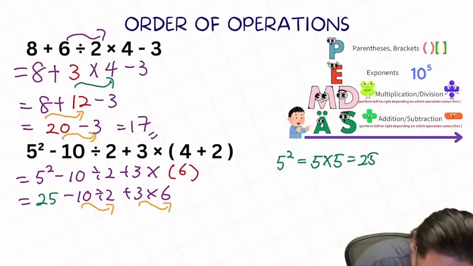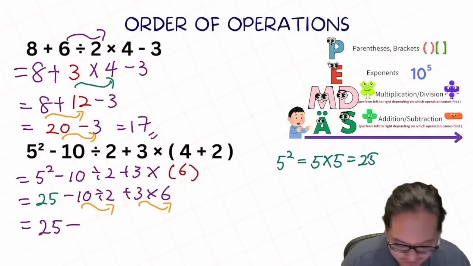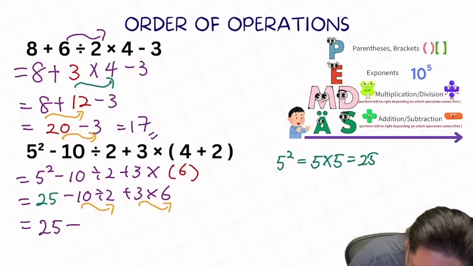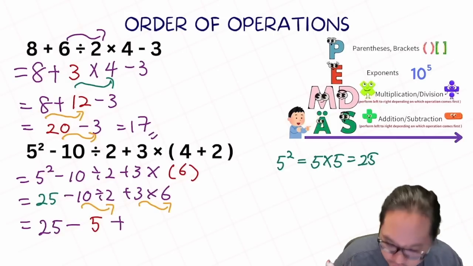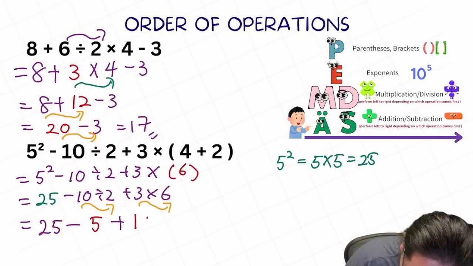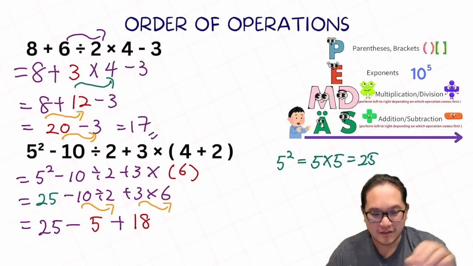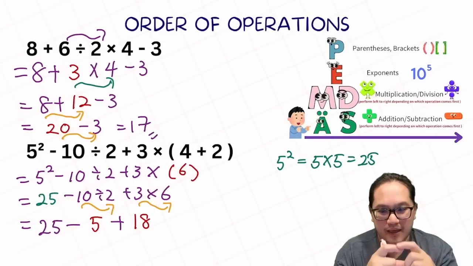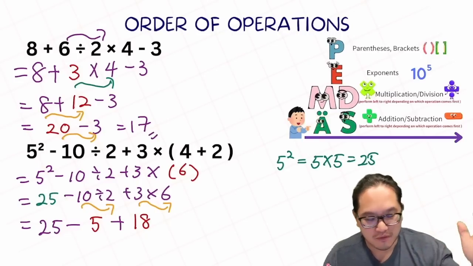So how does that work? We're going to drag the 25 down, right? Minus 10 divided by 2, we know that is 5, right? We drag the addition down. And 3 multiplied by 6, we know that is equal to 18. See? We're already skipping steps, right? As long as they are separated by addition or subtraction, we can do it simultaneously. But it's still from left to right.